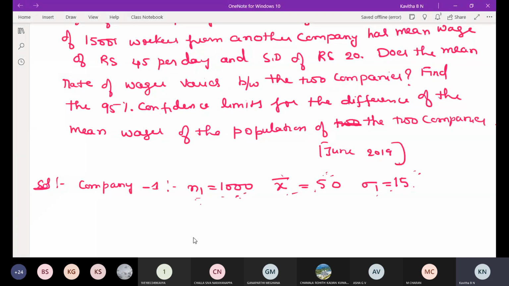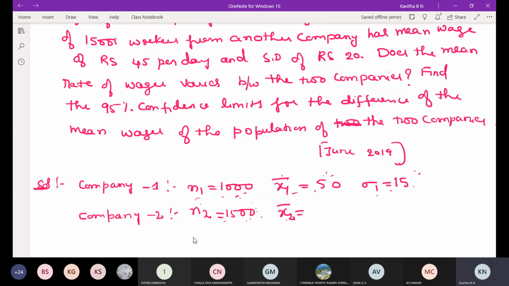And one more company we have to take. Company 2: n2, here 1,500 members are working. We take company 1 as x1 bar and company 2 as x2 bar.